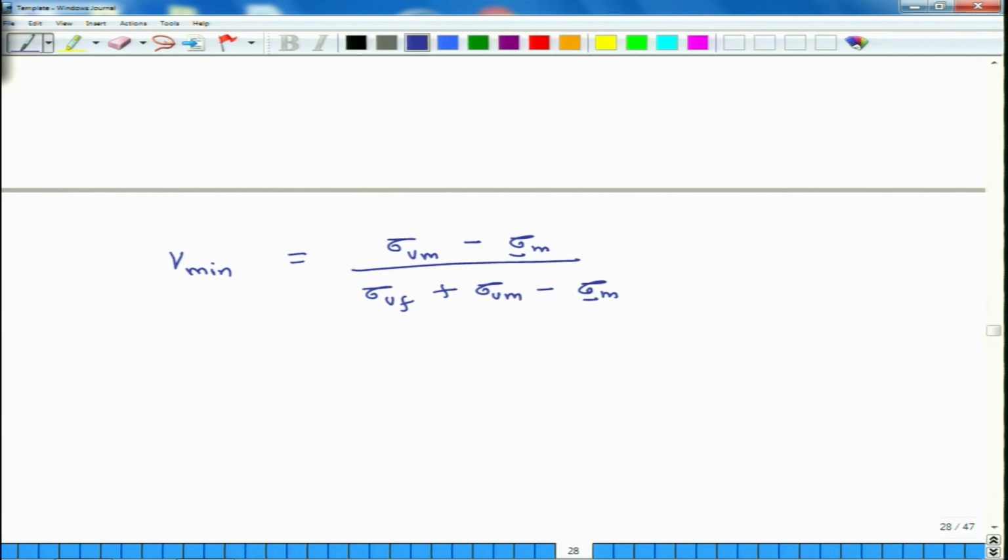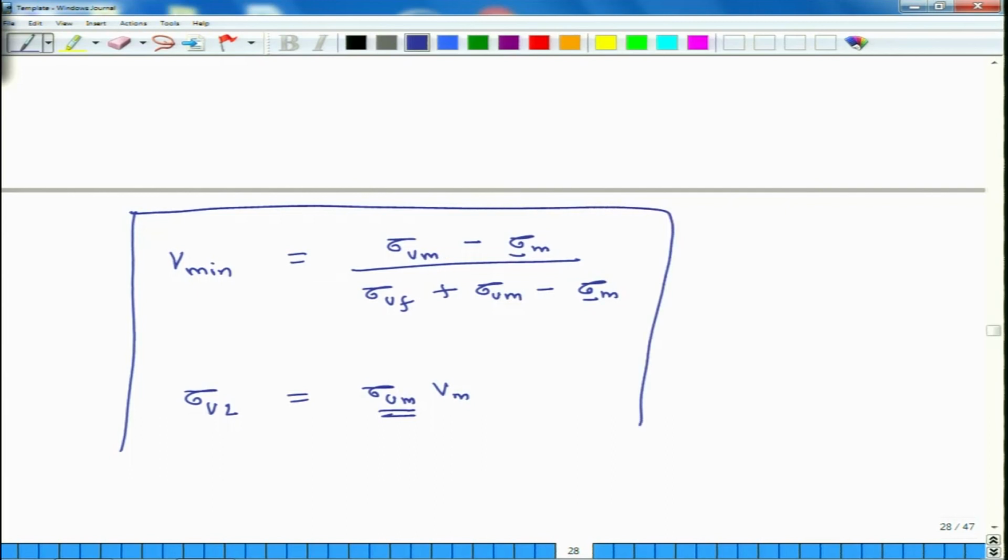And in such a case, the ultimate tensile strength of the composite is equal to sigma um times Vm, where sigma um is the ultimate tensile strength of the matrix material.